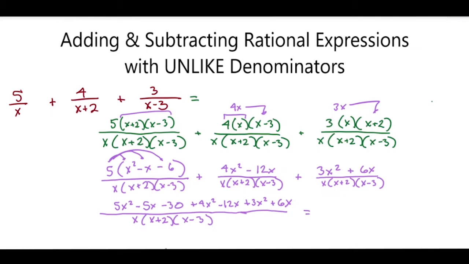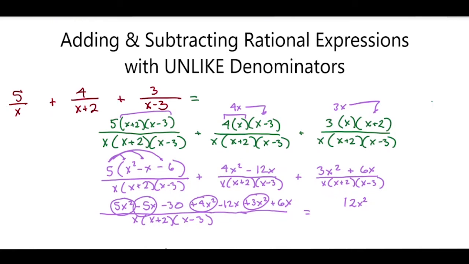And now we simplify our numerator, which is the top of the fraction, by combining like terms. So let's combine all of our x squared terms. So I have a 5x squared plus 4x squared plus 3x squared. Well, that's 12x squared. Now we will combine all of our x to the first power terms.